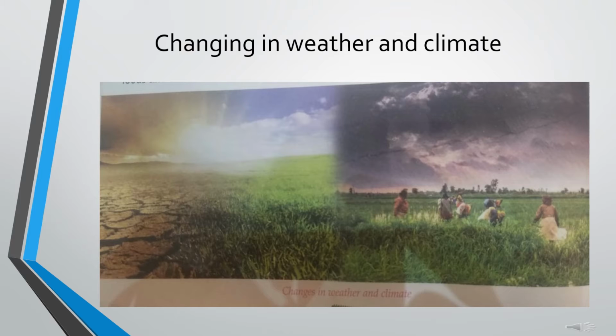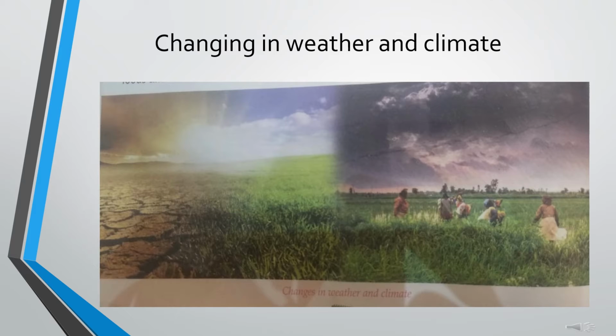So students, here in this picture you can see the change of weather. The picture at the left starts with the drought, that is dry without rain. After that you can see the sunny day, and this is the summer weather.